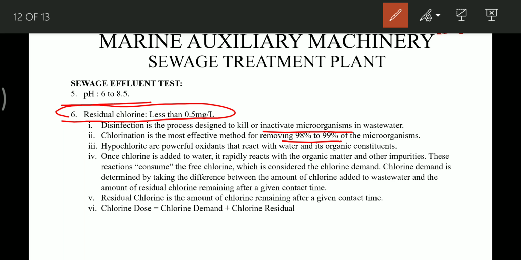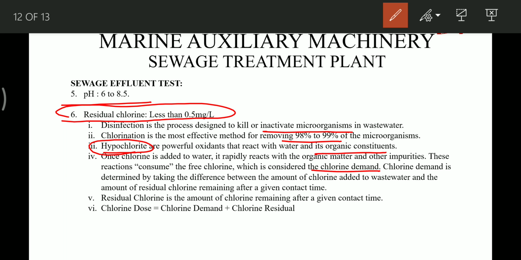Hypochlorites are a powerful oxidizing agent that reacts with water and its organic constituents. Once the chlorine is added to the water, it rapidly reacts with the organic matter and other impurities. These reactions consume free chlorine, which is considered the chlorine demand.